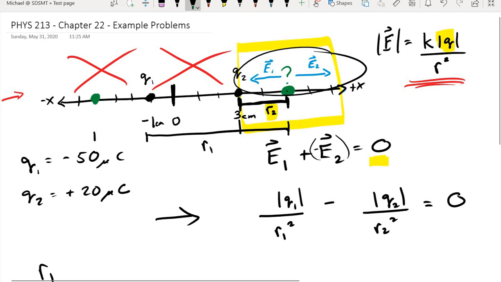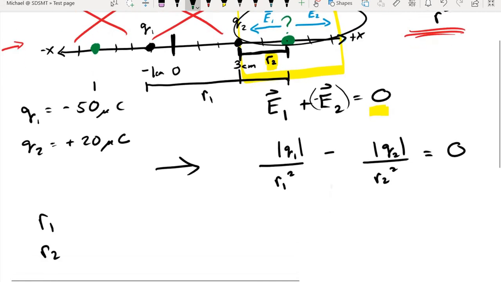This is just some random point on the number line. But let's call that X. The distance from charge 2 out to where we're trying to measure things, that's X. And if that is X, then R1 will have to be X plus the additional 4 centimeters that exists between charge 1 and charge 2.